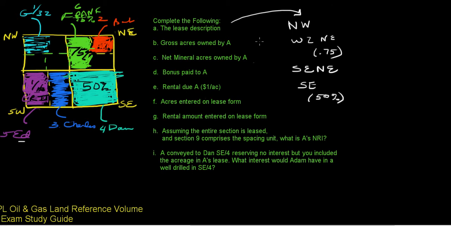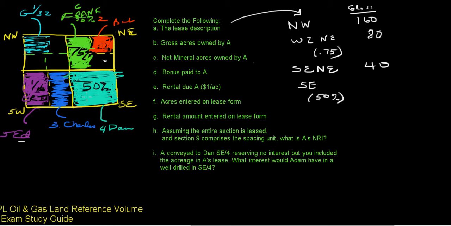So if we wanted to look at the gross acres that were owned by A, this would be 160. The west half of the northeast is half of 160, which would be 80. And we're not going to worry about this 75 until we get to the net acres. The next area is the southeast of the northeast. The southeast of the northeast is this area right here. So that's 40 acres.